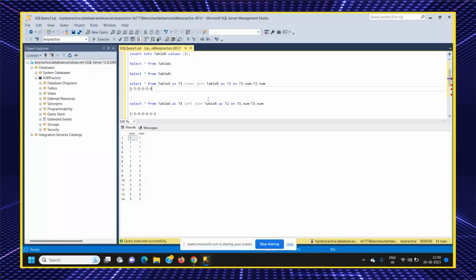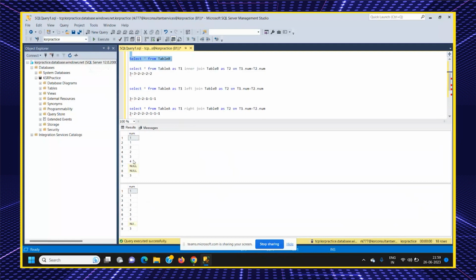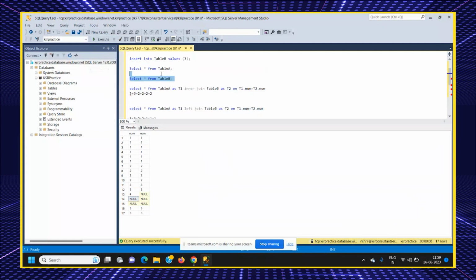So we have 14 records. In case of left join, all the matching records come, so the count would be somewhat similar. But in case of left join, as we had two additional nulls in table A, the table towards the left, these two nulls would come into picture.